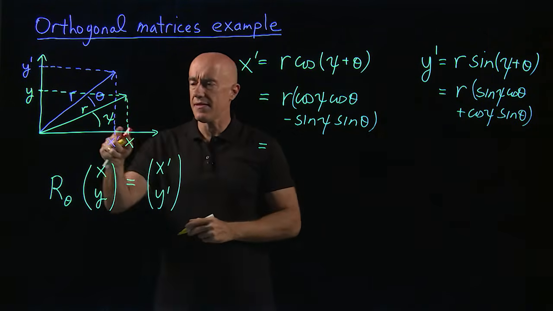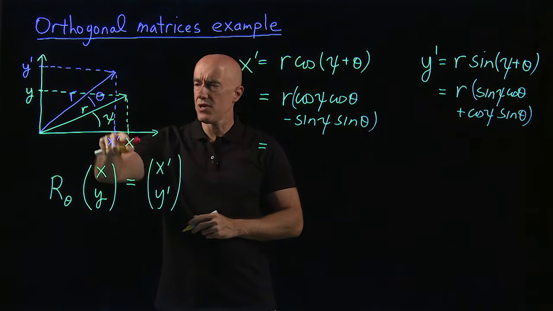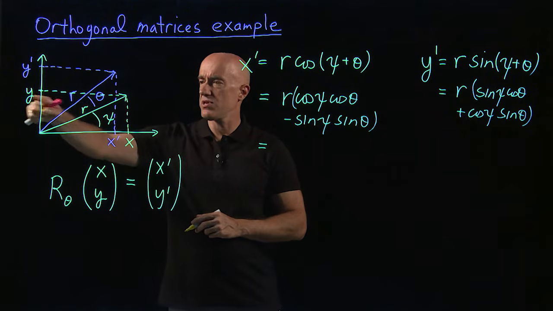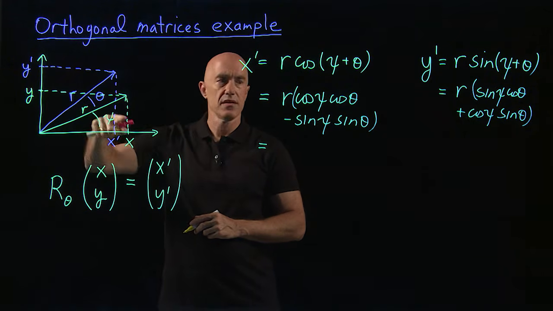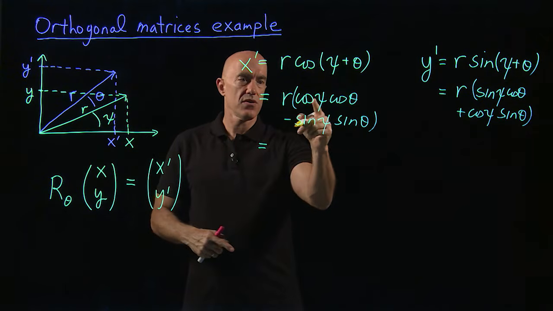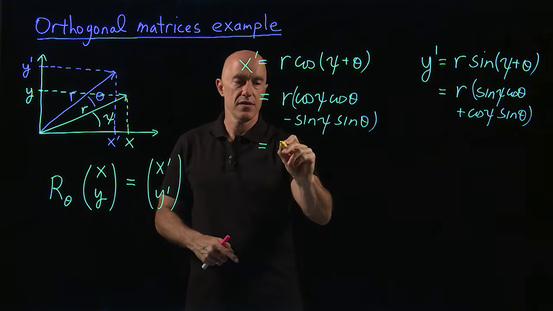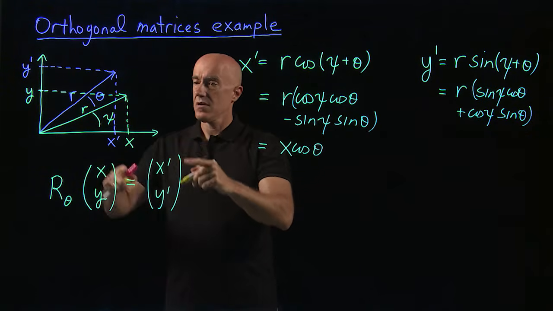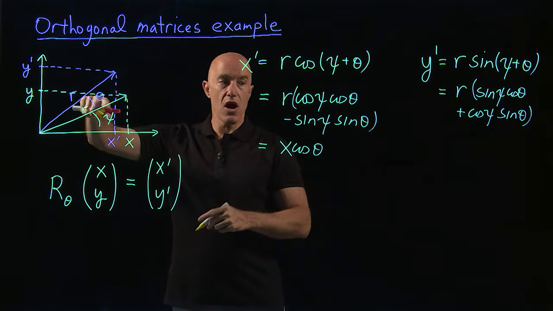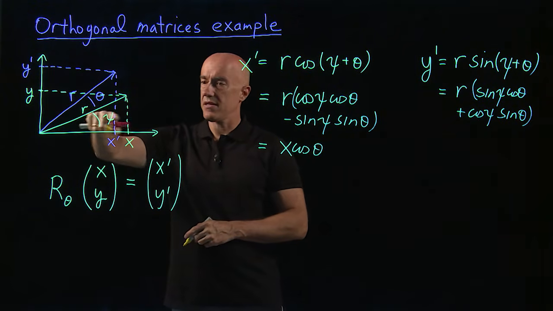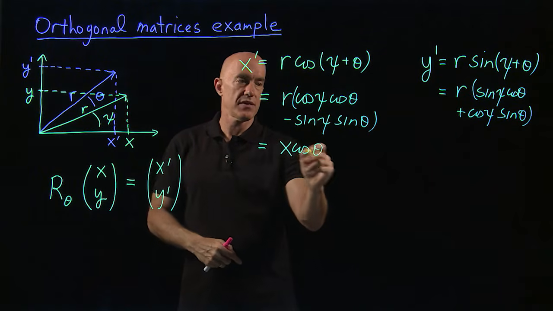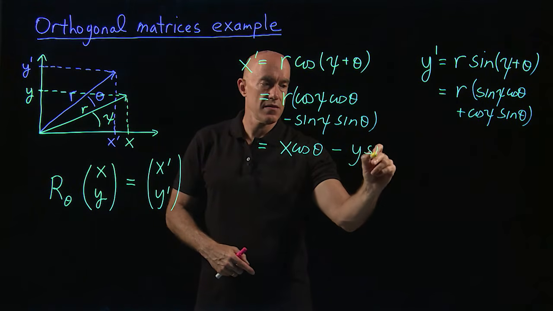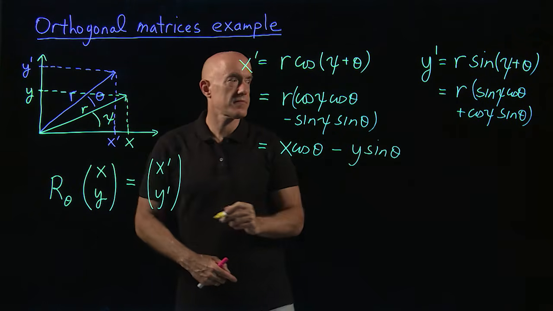And then we know that the x-coordinate is going to be r cosine psi, and the original y-coordinate is going to be r sine psi. So r cosine psi is the x-coordinate. So we have x cosine theta, and then r sine psi is the y-coordinate, so minus y sine theta, right?